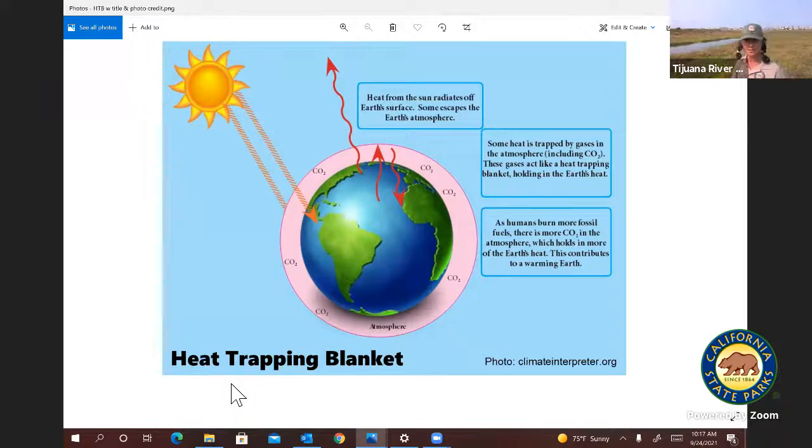As the sun's energy comes in, these gases allow some of the sun's energy to stay in and keep us warm. But one thing that scientists have noticed and have been measuring is that there's been an increase of gases like carbon dioxide and methane from human activity in recent decades.